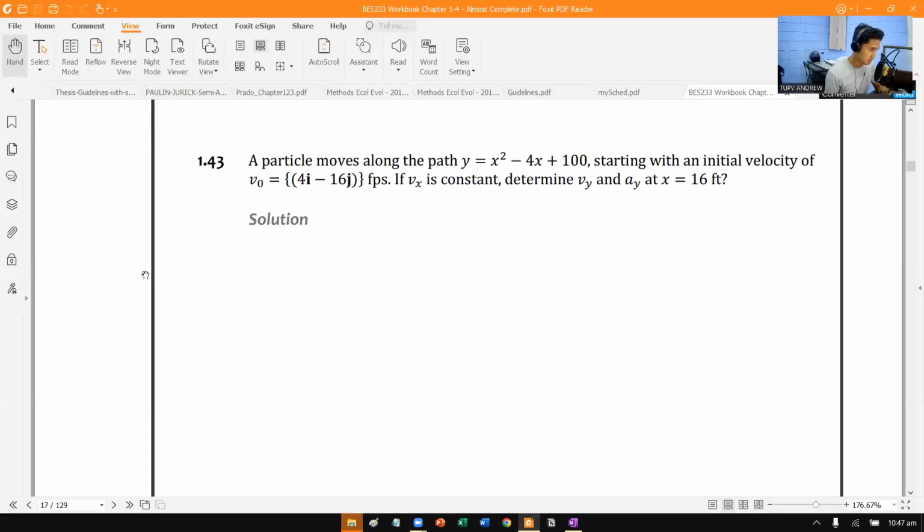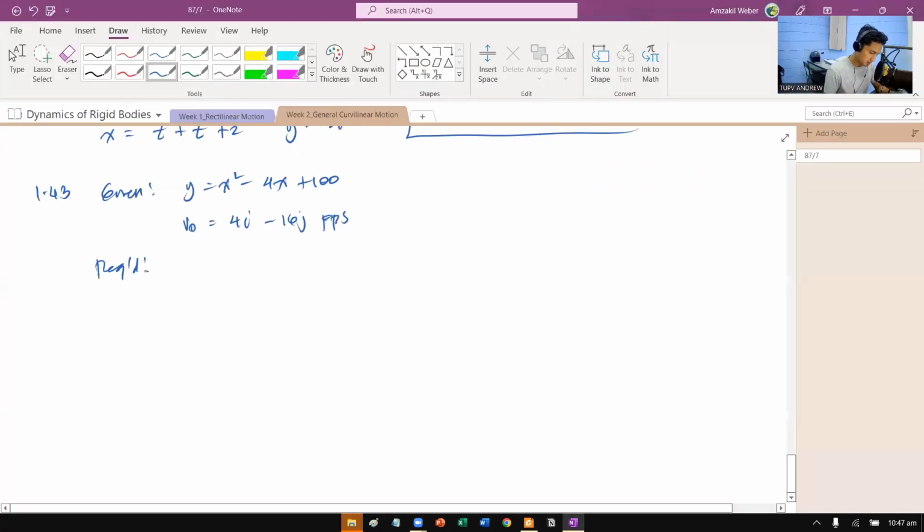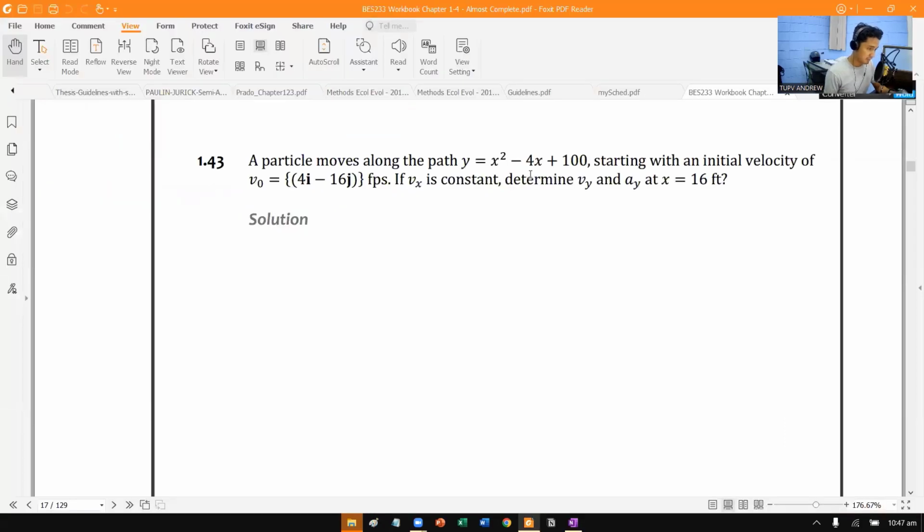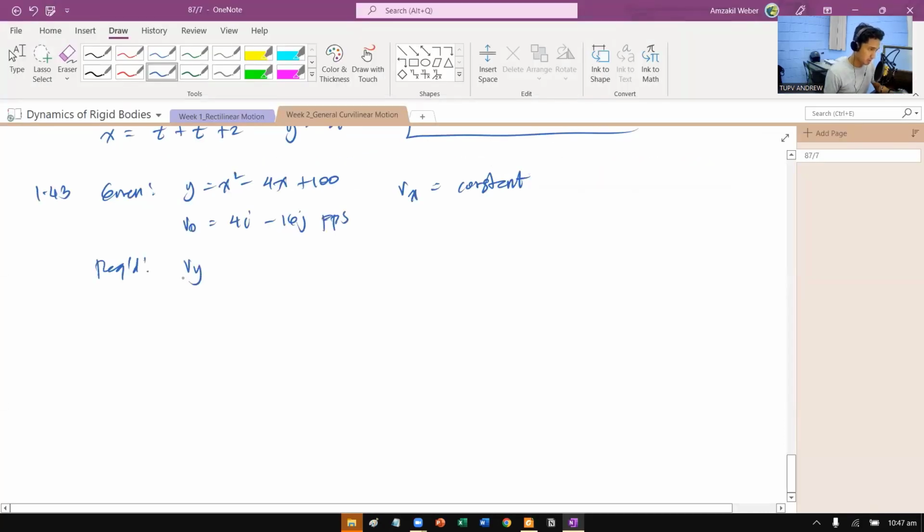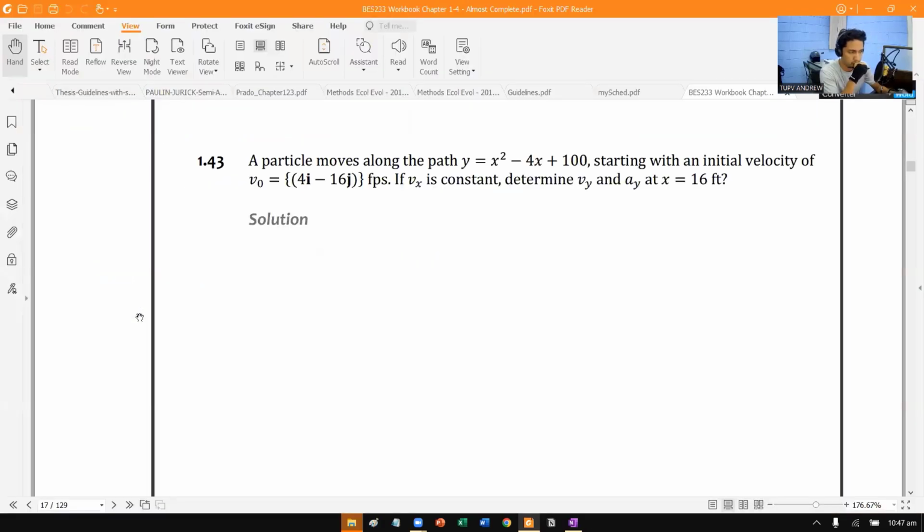Given Vx is constant, determine Vy and Ay at x equals 16 feet.